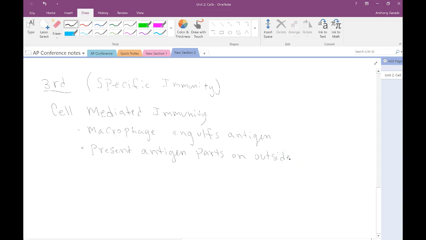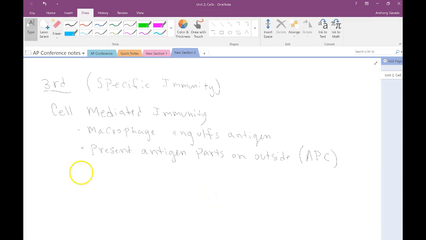It's going to present it on the outside. If you don't watch Game of Thrones, you have no clue what I'm talking about. So it's going to present this on the outside of it. And so now, by doing this, it has become an antigen-presenting cell. An APC, antigen-presenting cell.